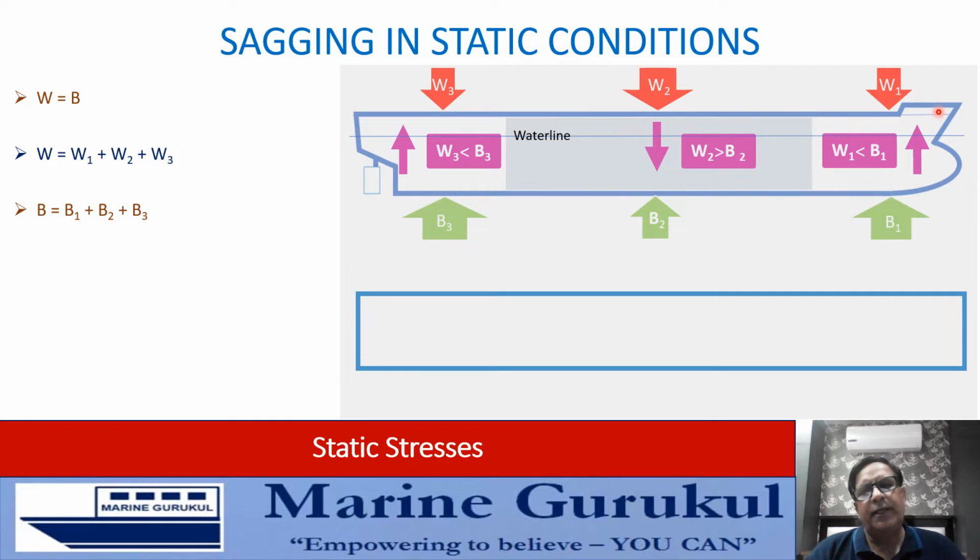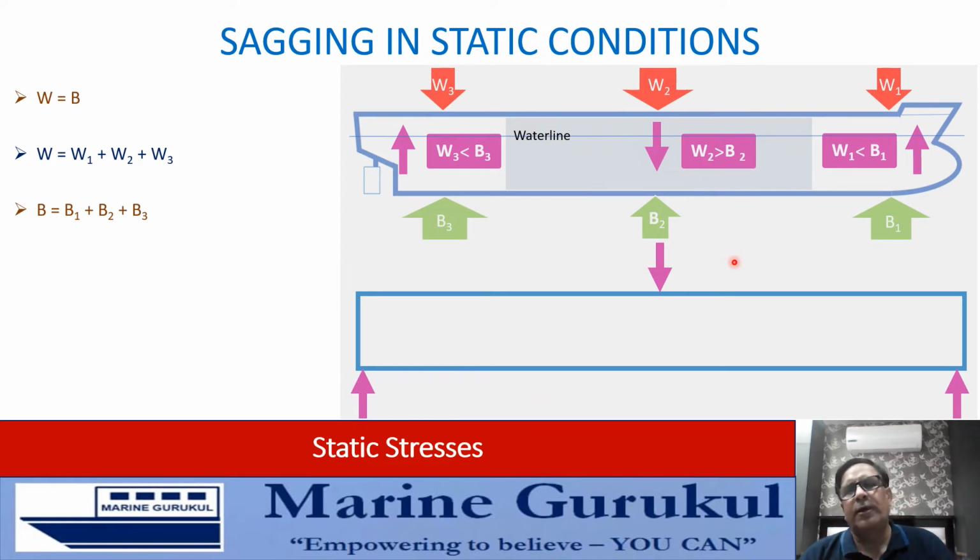Now, if we again take the beam representing the vessel, we have resultant upward force at the ends and resultant downward force amidships, which can be represented in this diagram here, and a downward force here.